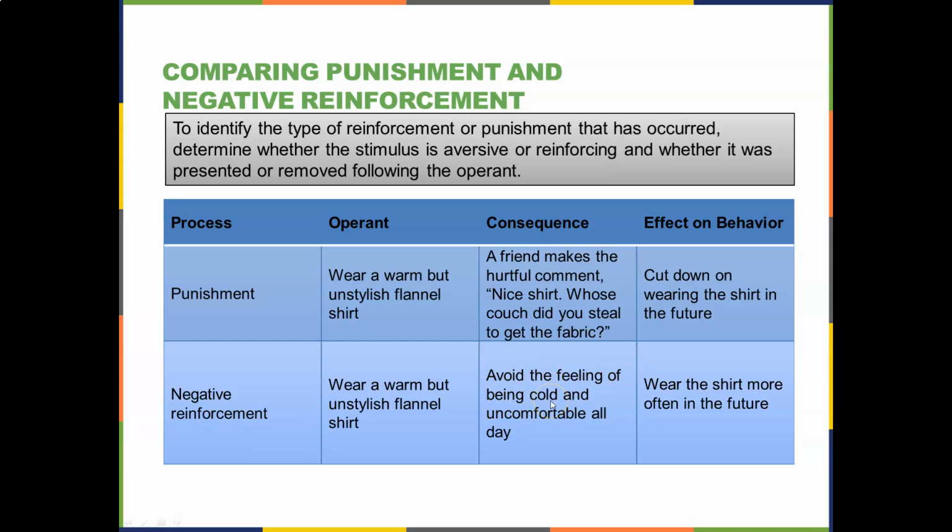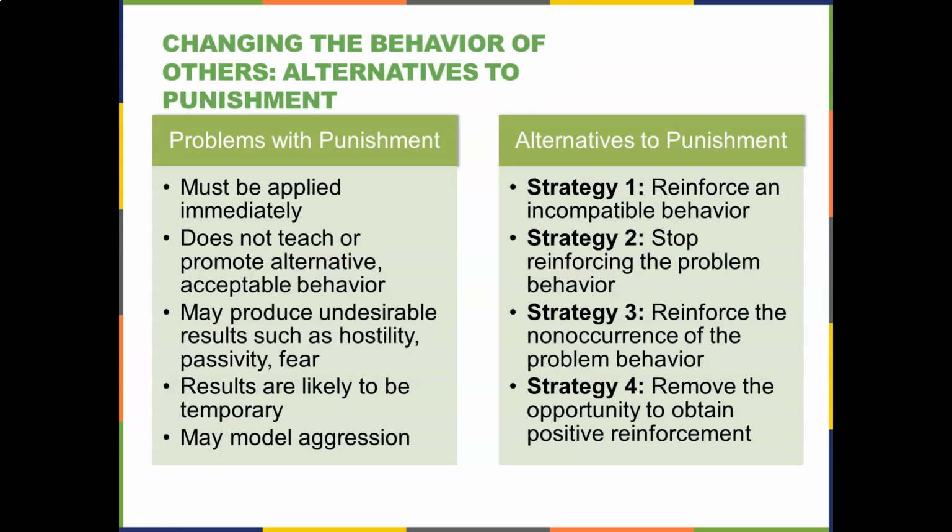That's why it's negative, avoiding some type of undesirable consequence. So keep that in mind. Negative means basically avoiding, taking away from the scenario, whereas positive means adding to a scenario, like a desired reaction or something.